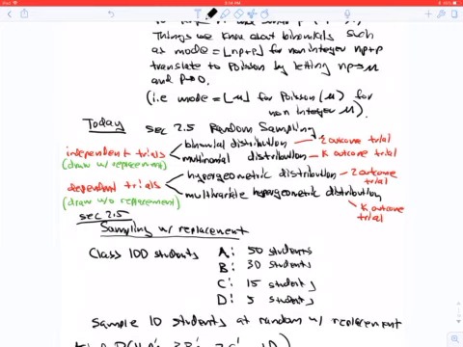For the dependent case, the analog of the binomial distribution is the hypergeometric distribution, and its generalization is called the multivariate hypergeometric distribution when we have more than two outcomes in our trial.